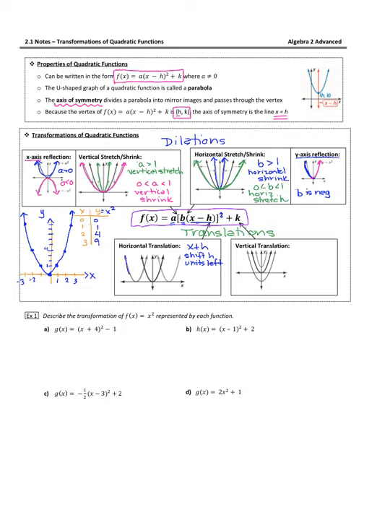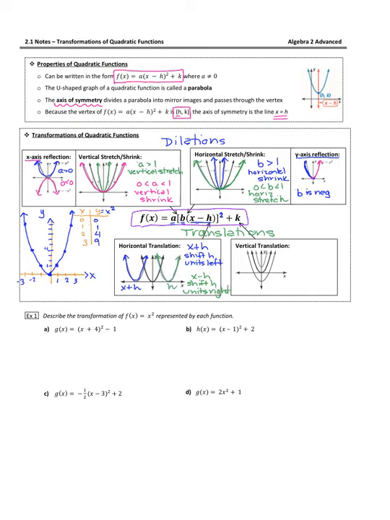So that would be this one. So my new vertex would be here at x plus h, or plus h actually is where my vertex would be. Now, if I saw x minus h, that's going to shift h units right. And so that would be over here.